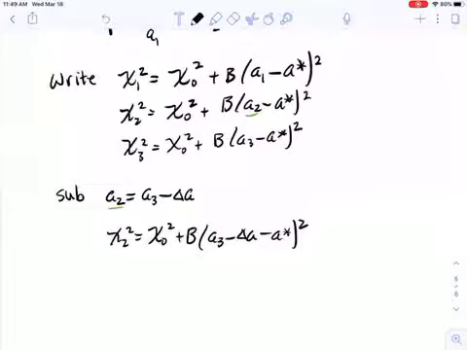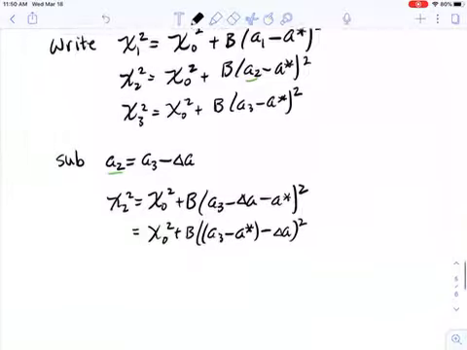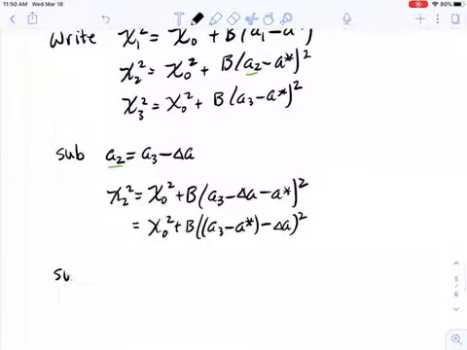So just reorganizing some of the terms in the bracket, we would have an A3 minus A star, and then minus delta A, and then square the whole thing. Okay, we could also sub that A1 is A3 minus 2 times delta A, right?